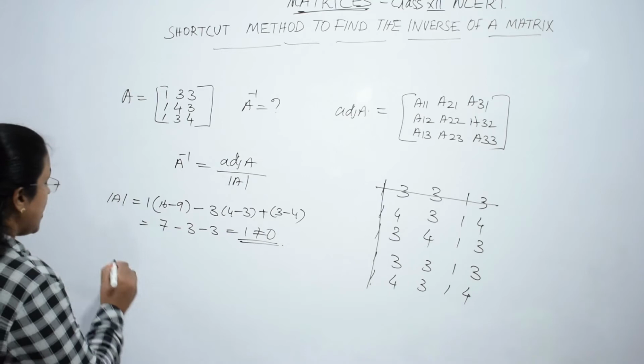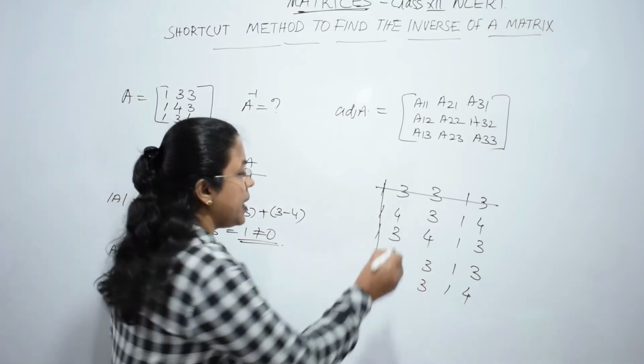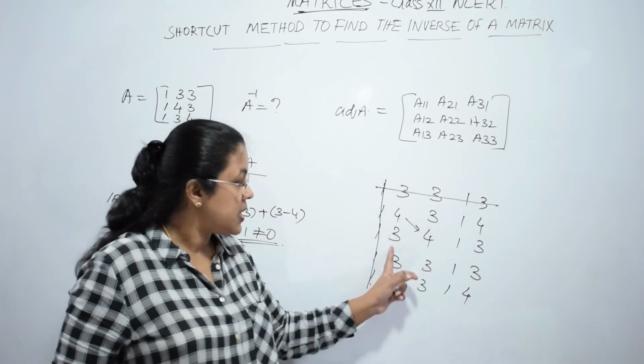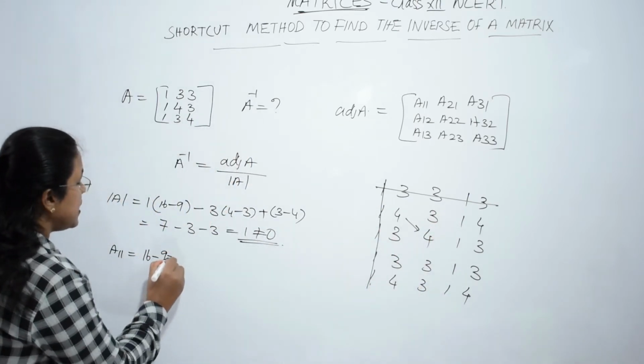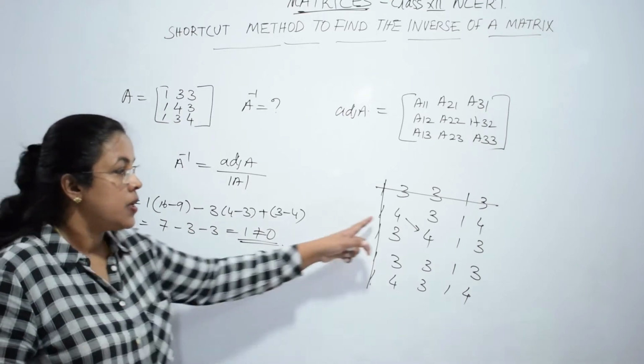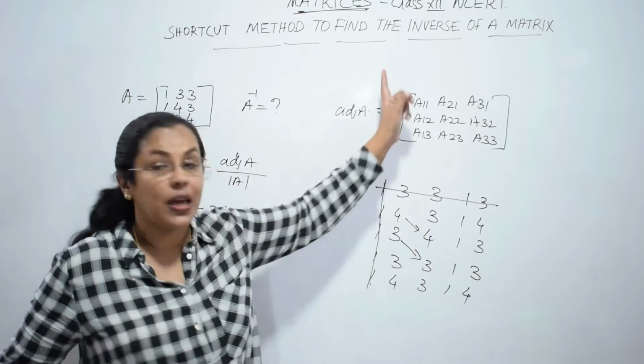Look, what is A11? A11 is nothing but 4 4s are 16 minus 9, which is equal to 7. Now A21.